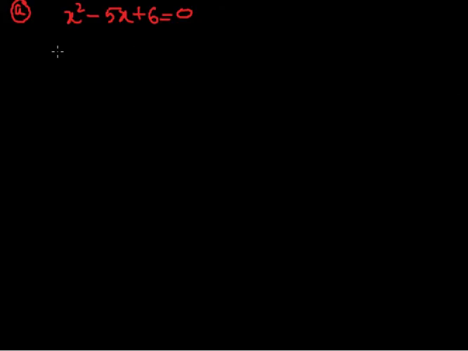Now I have to find the values of the variable x which satisfy this equation. First of all, take x is equal to 1. If we put x is equal to 1 in this equation, this will give 1 square minus 5 into 1 plus 6.